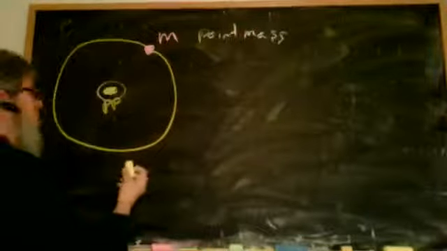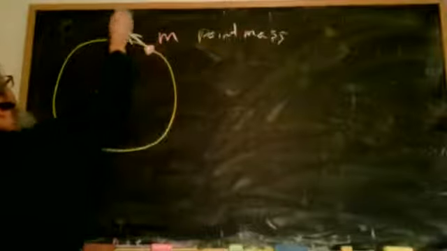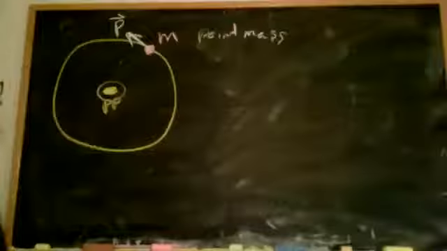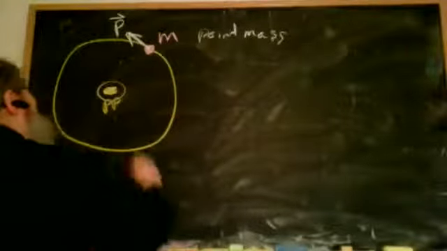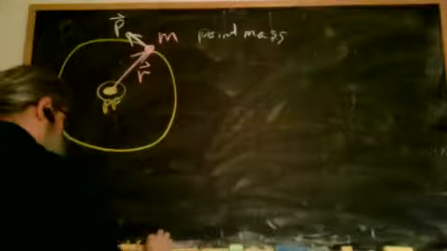So that's the pivot point here, and this is m, which is a point mass here. If we set up the problem so that we know we've got some particular value of the momentum, which is just mass times velocity, then I can draw the vector that goes from the pivot point to the mass. So that's my vector r.